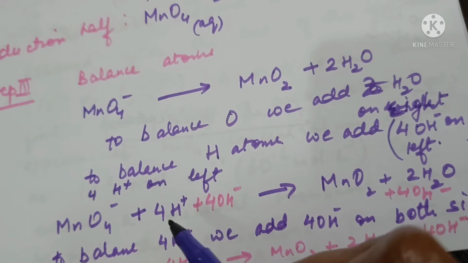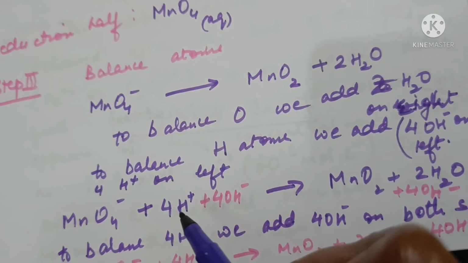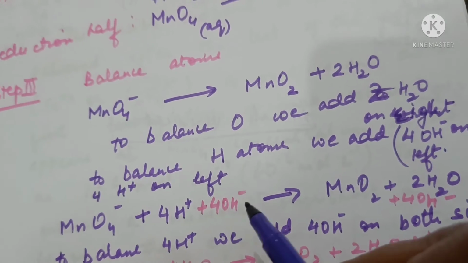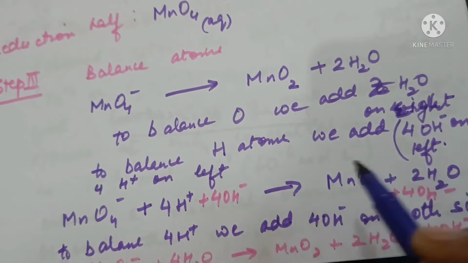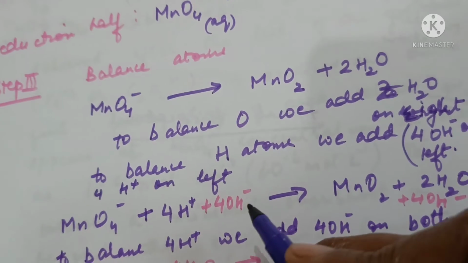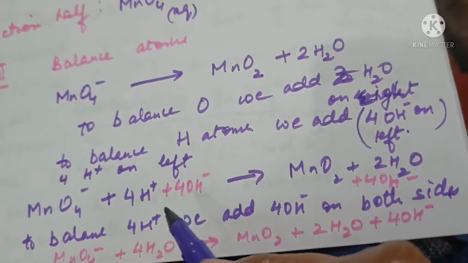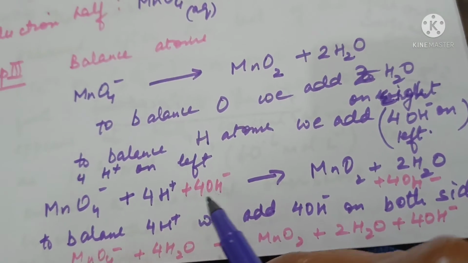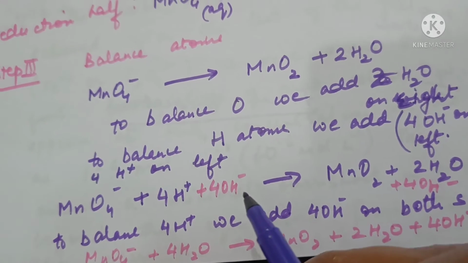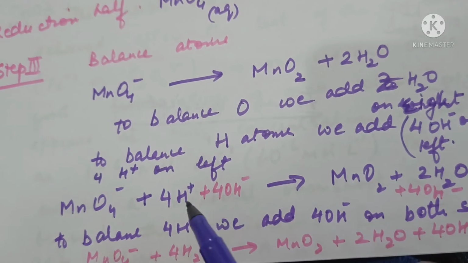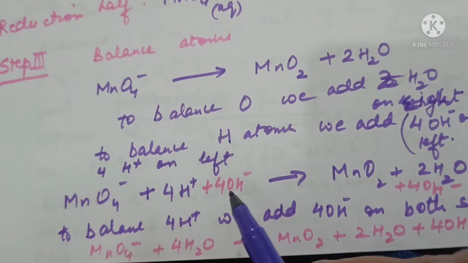So for as many hydrogen ions as we have, we will add the same number of hydroxide ions on both sides. So we add 4 hydroxide here and 4 hydroxide here. So what we get is, because H plus and OH negative ions are on the same side, we convert them into water.